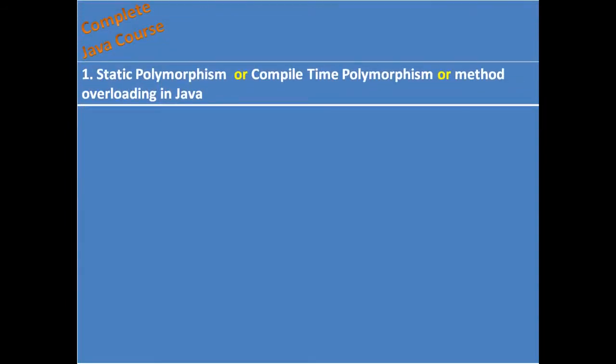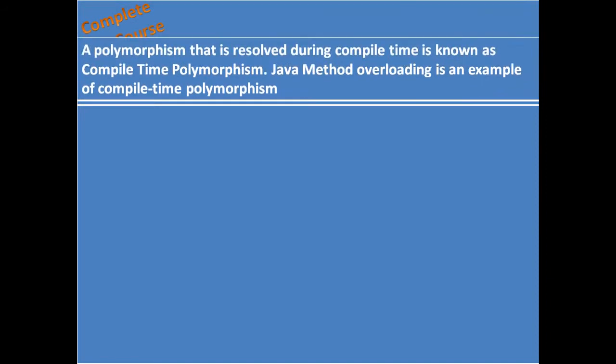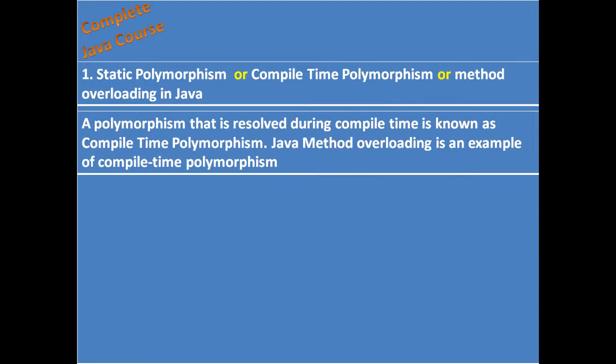So now we will discuss static polymorphism, or compile time polymorphism, or method overloading in Java. These three terms mean the same thing. A polymorphism that is resolved during compilation time is known as compile time polymorphism.